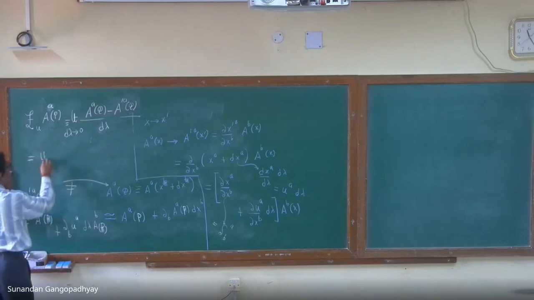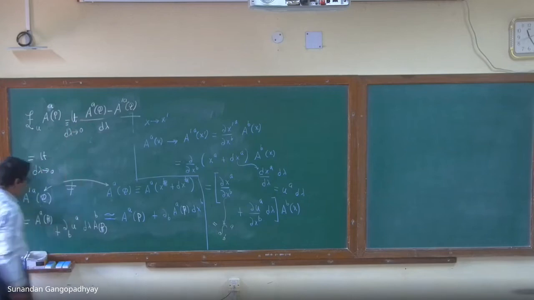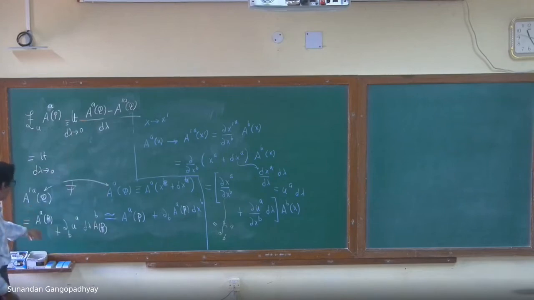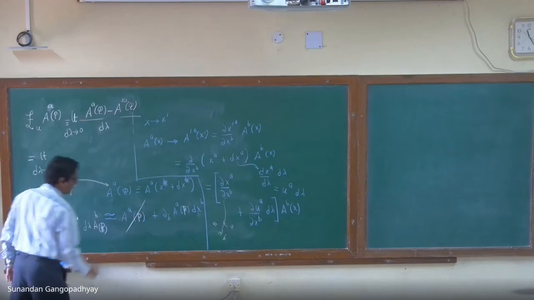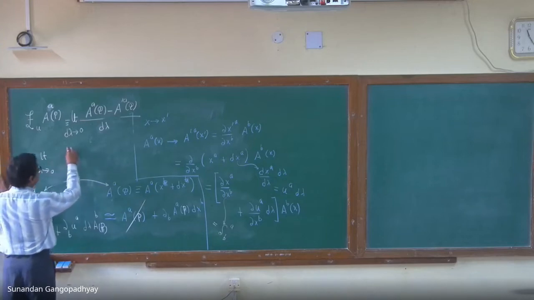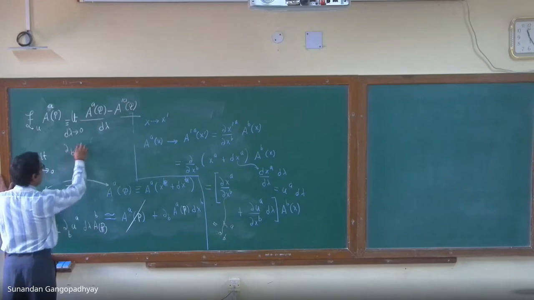So what is A at Q? A at Q is A at P plus this thing minus A prime at Q. What is this? A at P. So this term and this term will cancel. And from here you will find that this is del_B A at P.